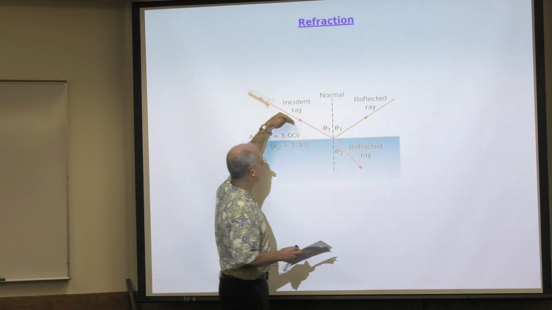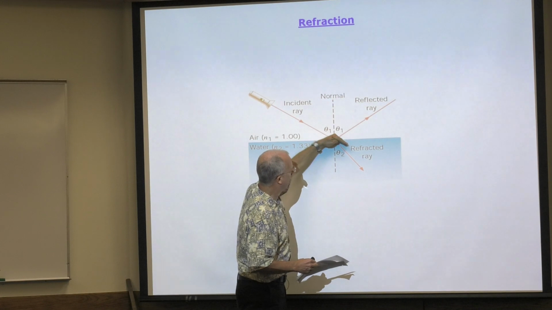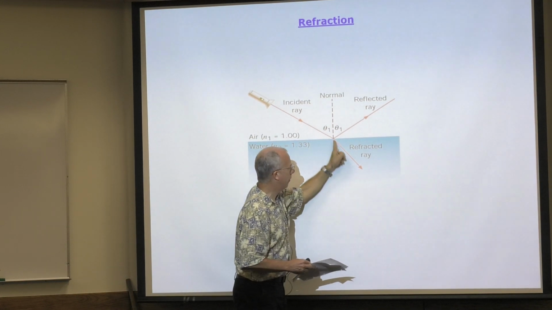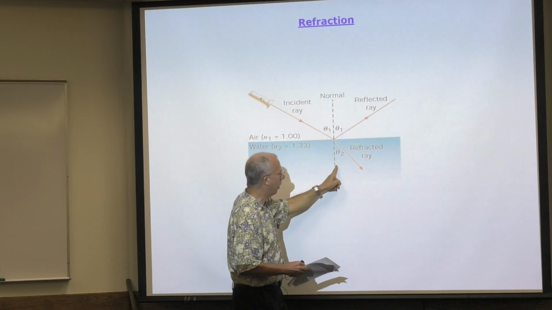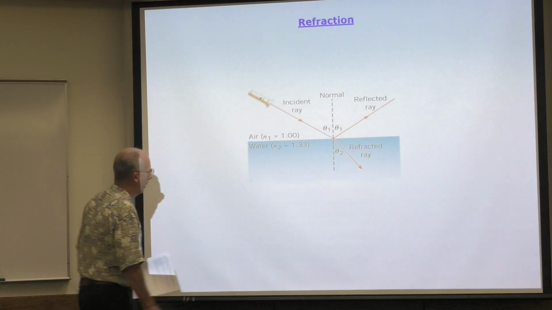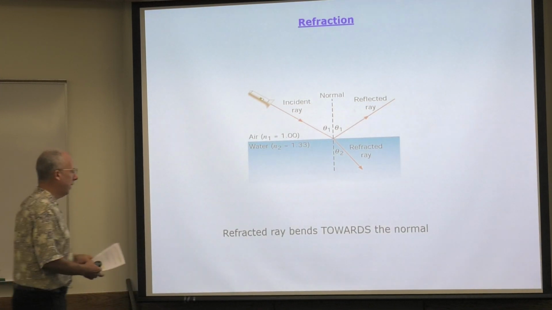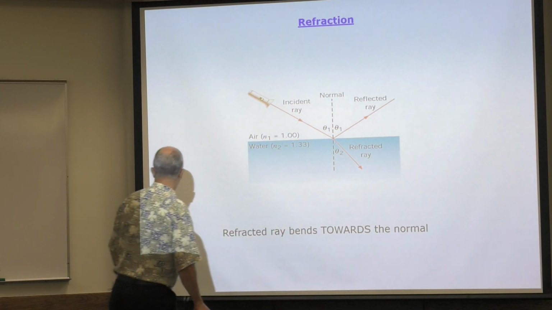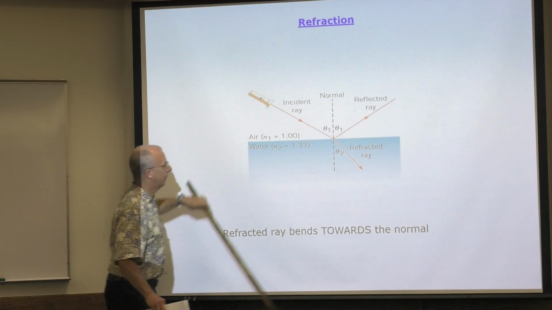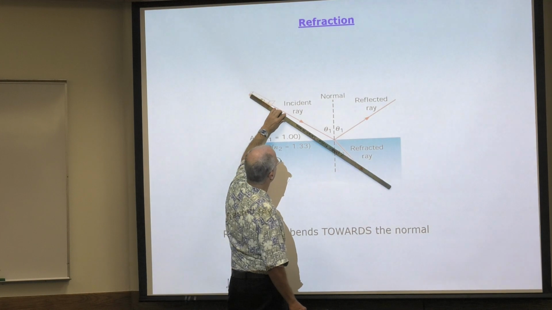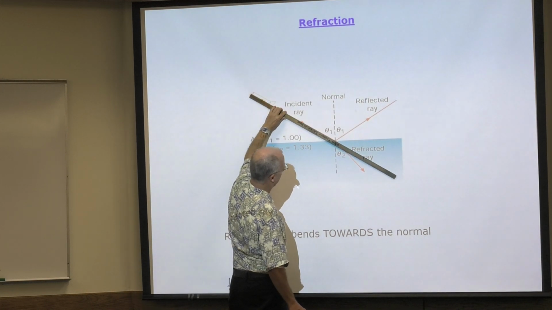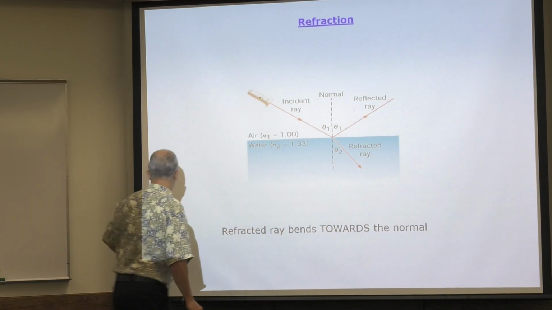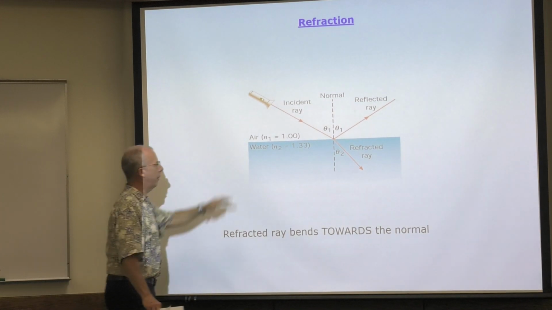See, this refracted ray bends toward the normal. So that's the important thing, all right? The refracted ray bends toward the normal. You can see that, right? So that's what happens when it goes from air to water.